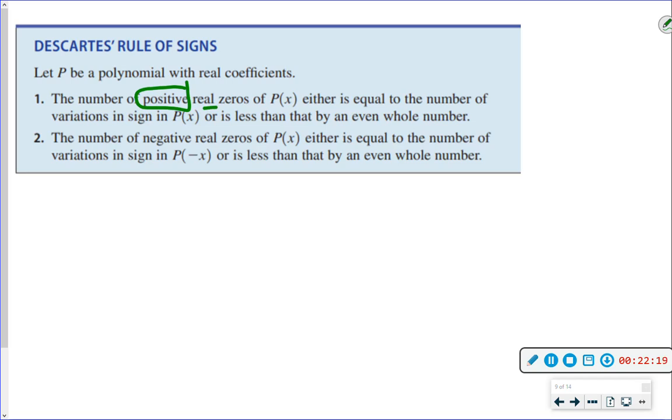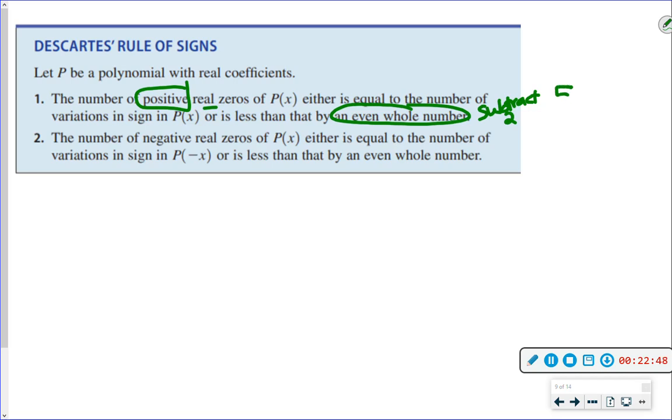And then there's this weird little note at the end, or less than that by an even whole number. Okay, what does that mean? Less than that by an even whole number. That basically means you're subtracting 2. So, let's say I give you the world's longest, craziest, most ridiculous polynomial, and you count 5 sign changes.